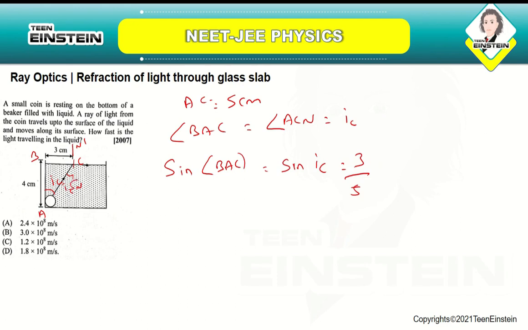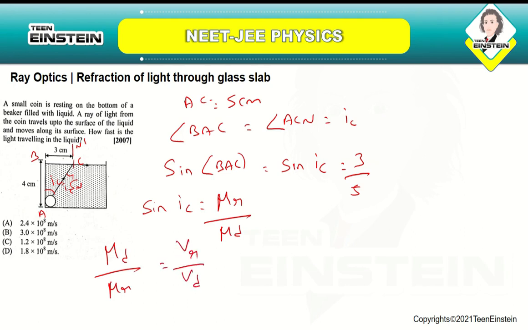So, sine of IC will be 3 by 5, but we know that sine IC is equal to mu r by mu d. So, mu d by mu r is equal to V r by V d. So, sine IC is 3 by 5. So, it will be 3 by 5 is equal to mu a by mu l. Here V is the liquid velocity.